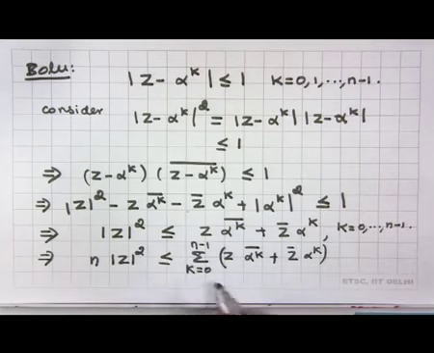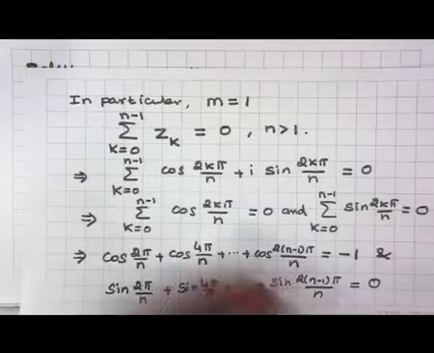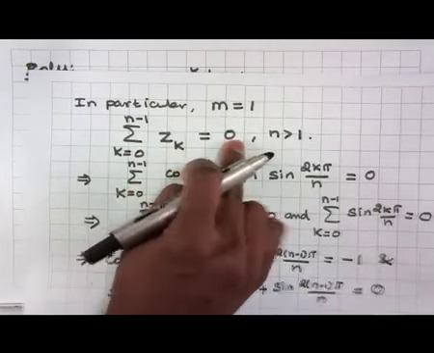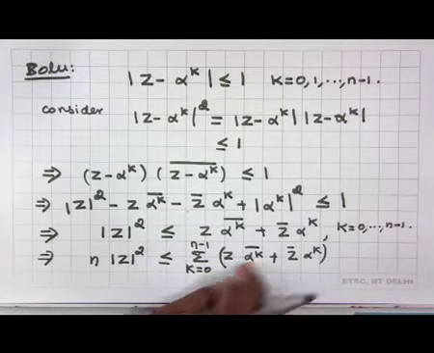Now, you need to apply the proposition which we have just now proved, that is, the sum of nth root of unities is 0. Which is exactly the summation here.